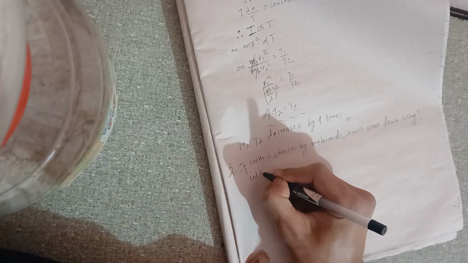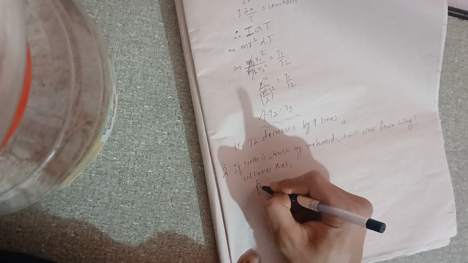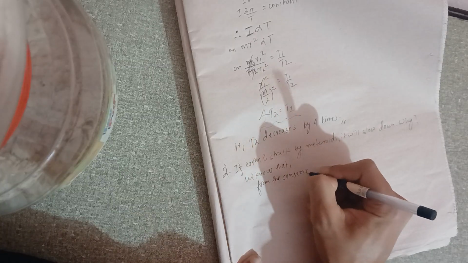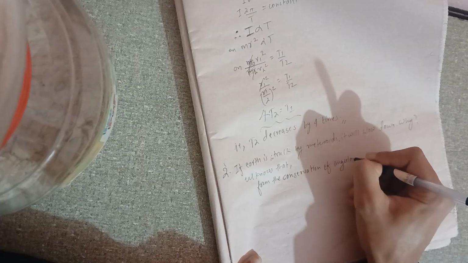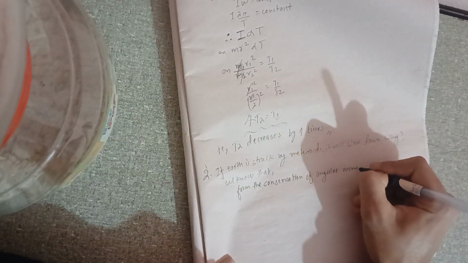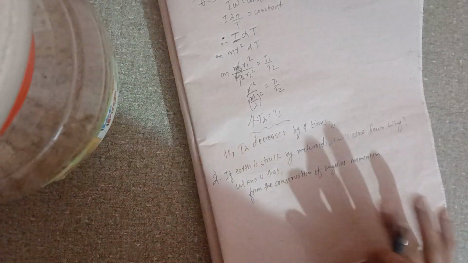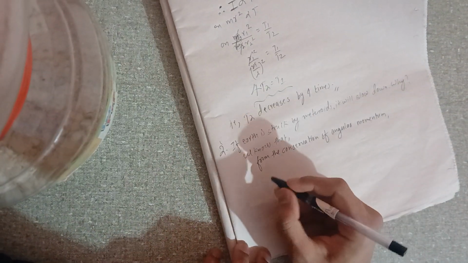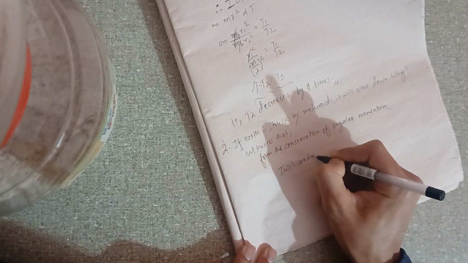We know that from the conservation of angular momentum, I omega is equal to constant.